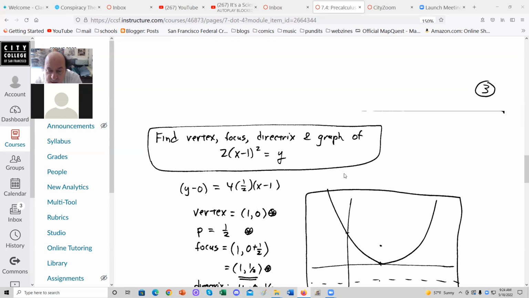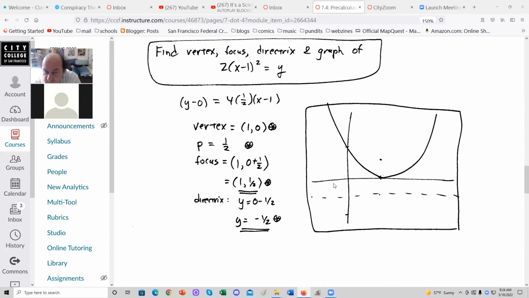All right. Vertex is at 1 by 0, reading off here. P is a half. So we go up and down 1/2. So the focus is 1 by 0 plus a half, which is 1 by a half. Directrix is y is 0 minus a half, so y equals minus a half. And here's the graph.